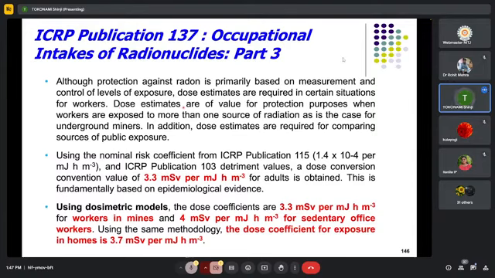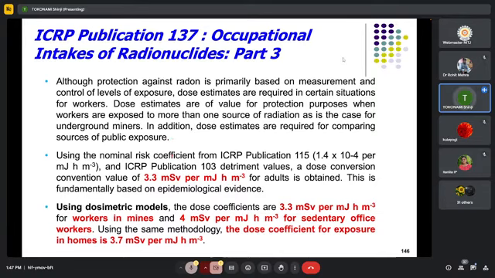Those estimates are of value for protection purposes when workers are exposed to more than one source of radiation, as is the case for underground miners. In addition, those estimates are required for comparing sources of public exposure.